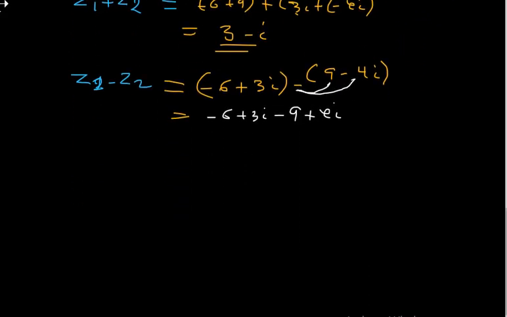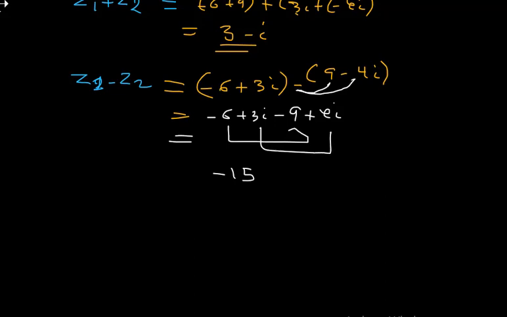Now you can combine like terms. This is negative 15, and then for the imaginary part, that goes to 7i. This will be the answer for the difference of the two complex numbers.